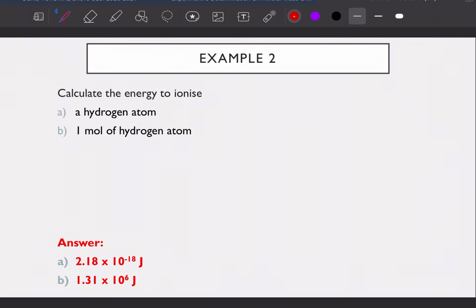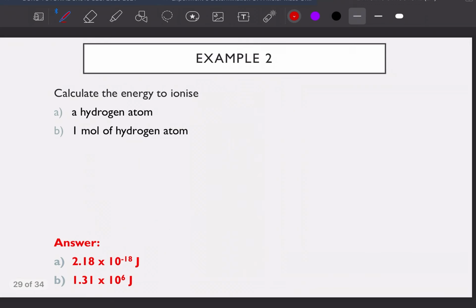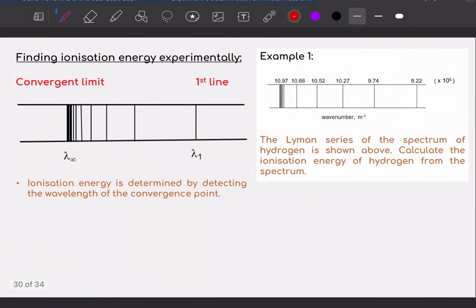So this is the same thing. I think saya terbuat 2 kali kan ni. So you try doing that yourself. So besides using the formula Rydberg equation, you can actually find the ionization energy experimentally. Experimentally maksudnya kita guna line spectrum.